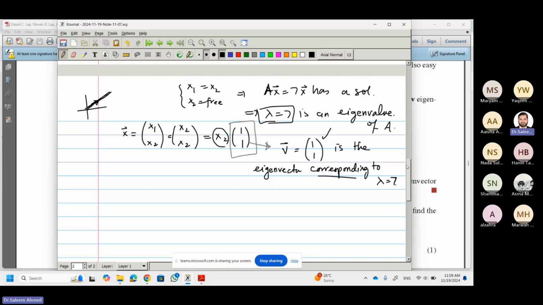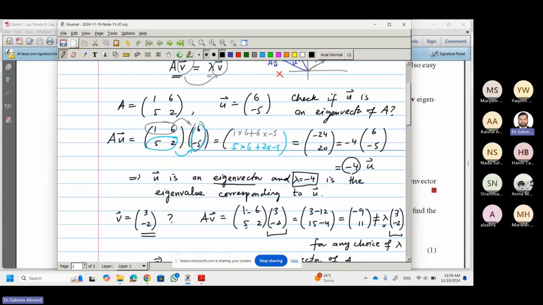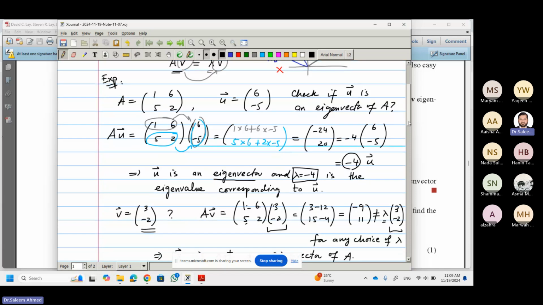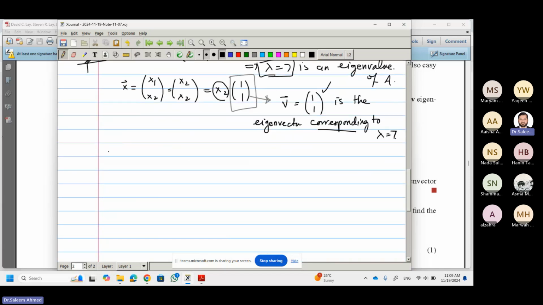In these two examples, one of them was given to you. Here the vector was given, here the value was given. Okay. But now, what if both are not even given? So how to find both eigenvalues and eigenvectors? This is the issue.